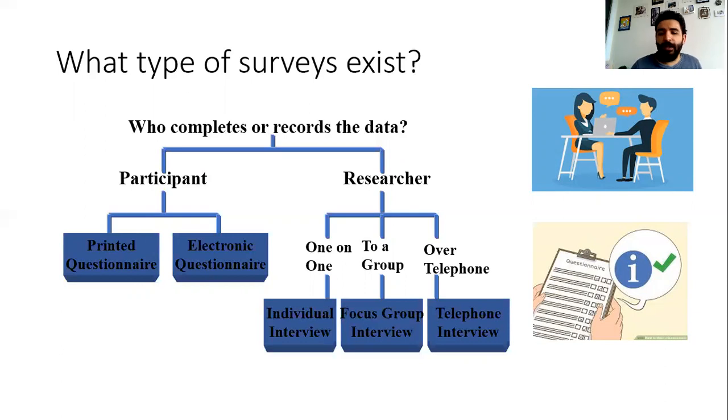You are asking questions and taking their group opinions. Or you can do it on the phone, on the internet, or any other means that you can use, right? But the important thing to remember is that a survey could be either a questionnaire or an interview. So in your research proposals, you need to select this.